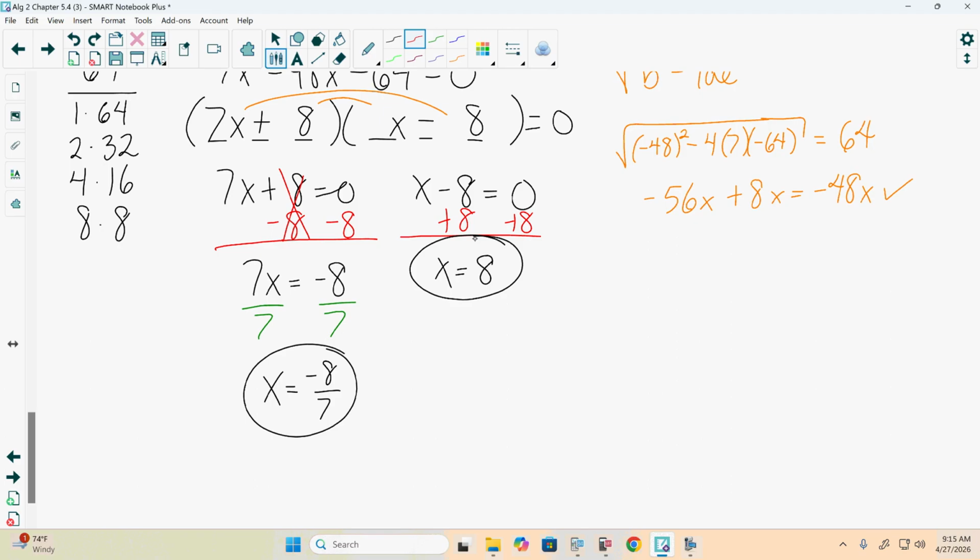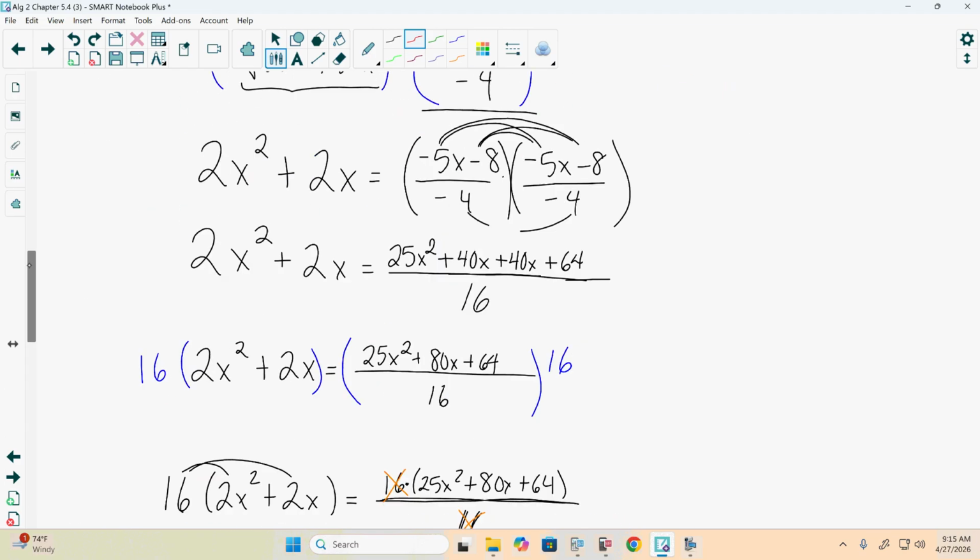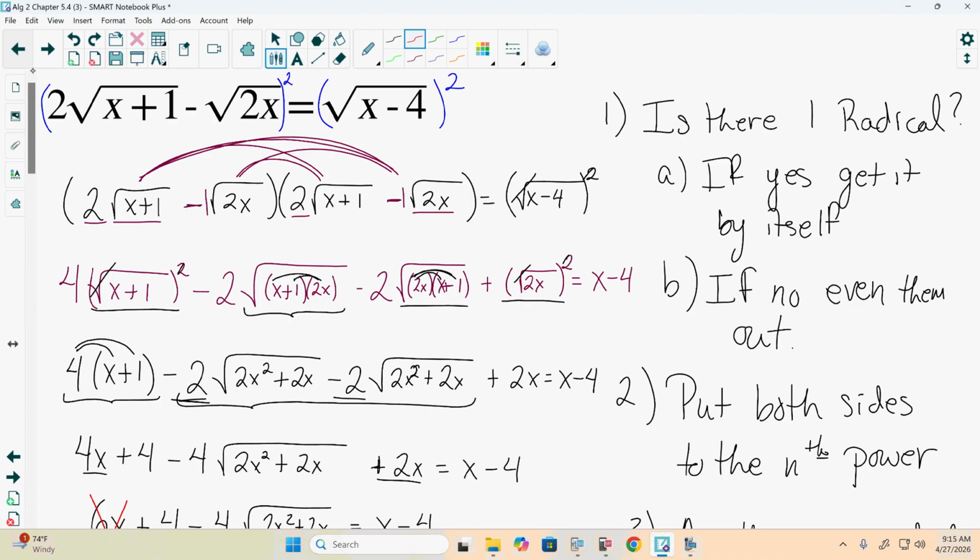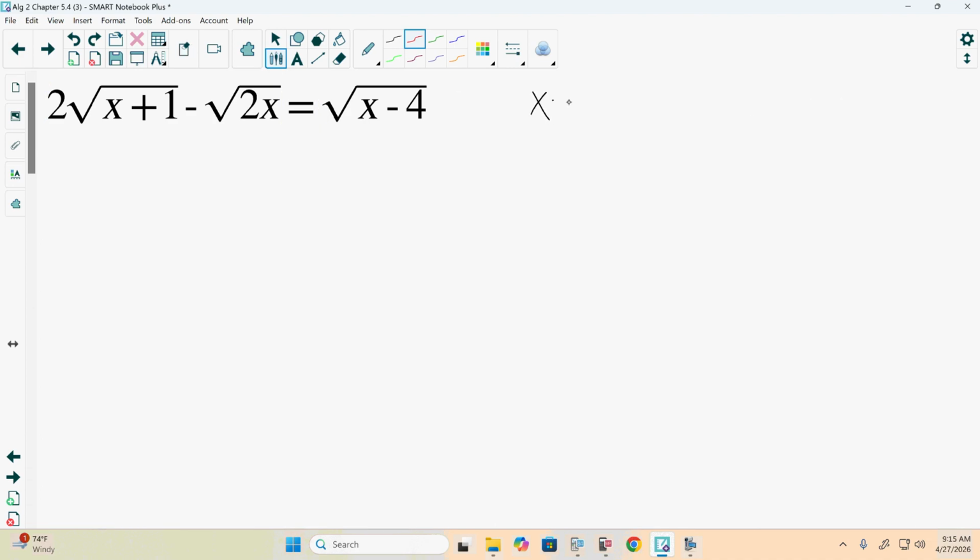Now the last thing we have to do before we can say we're done is we do need to check this. And to check it, we just have to plug it back in.